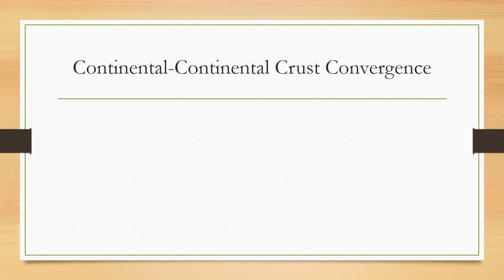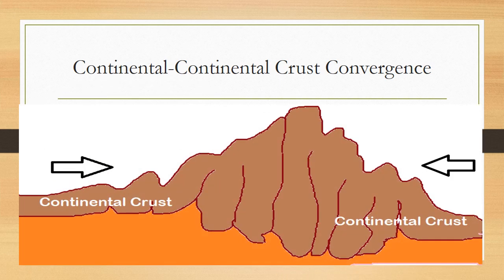So now let us have the convergence of two continental crusts. Remember that continental crusts are less dense than oceanic crust. Since there is no oceanic crust involved in this collision, there will be no subduction.